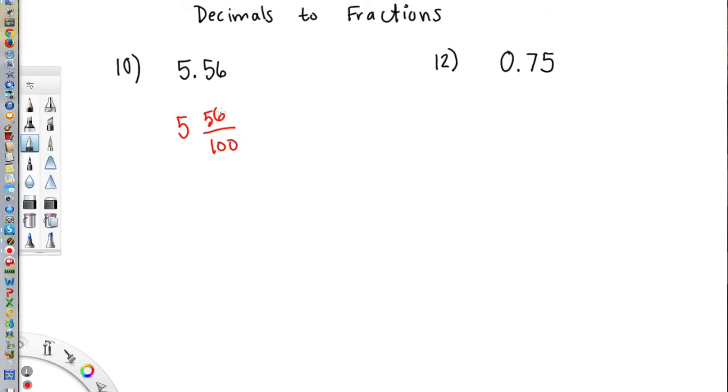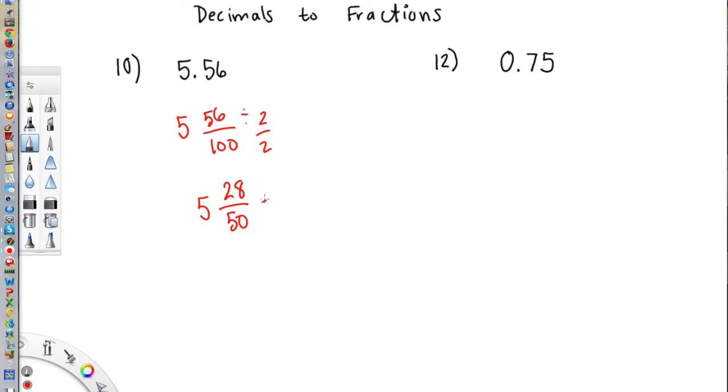There you go. Now, the only thing you might want to do is, often it'll ask you to reduce your fraction and put it in simplest form. Now, I see 56 hundredths. I know that I can factor out 2. I can divide this by 2 over 2, which would give me 28 fiftieths.